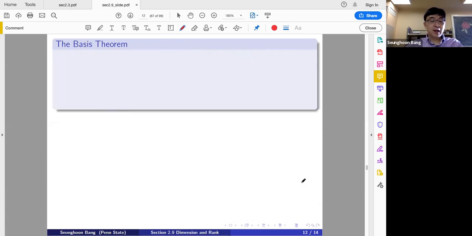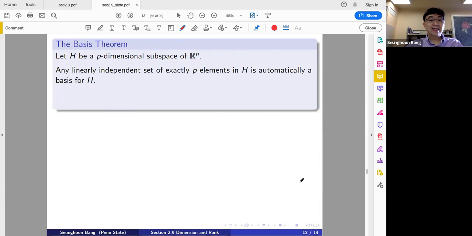The next is the basis theorem. Let H be a p-dimensional subspace of R^n. Any linearly independent set of exactly p elements in H is automatically a basis for H. This is already true, since the dimension of H is always p.